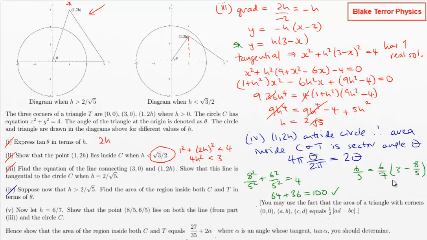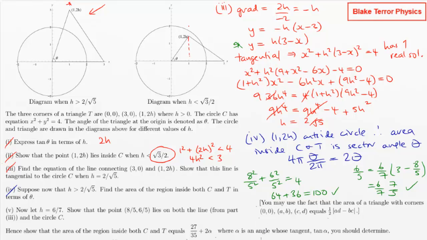So 3 minus 8 over 5, that's 3 minus 1 3/5, so that is 1 2/5. So that's our 7 then, isn't it? So 6 over 7 times 7 over 5. So tick.